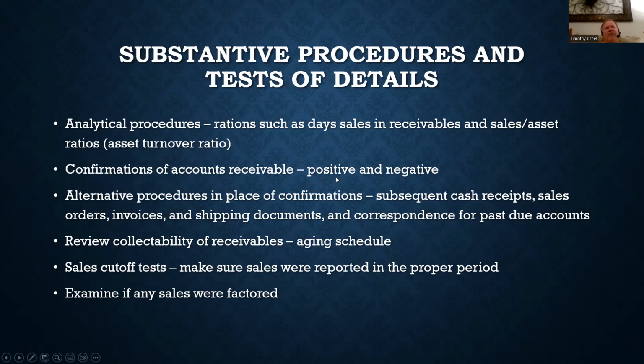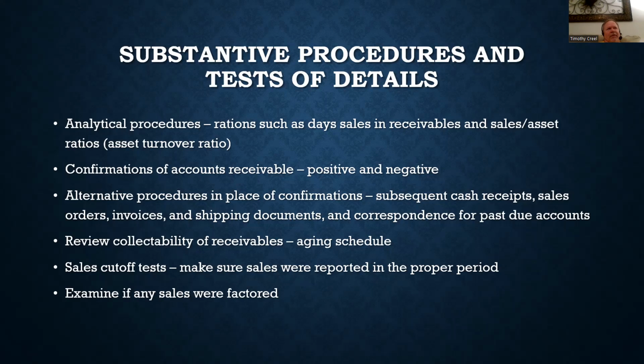A positive confirmation would be like the client prepares and signs something saying, for our auditors, we're asking you to confirm that you owe us $100,000 as of December 31st, 2022. The auditor will then send that to the customer, and the customer will return it to the auditor with their confirmation saying, yes, they owe us $100,000. That would be a positive confirmation.